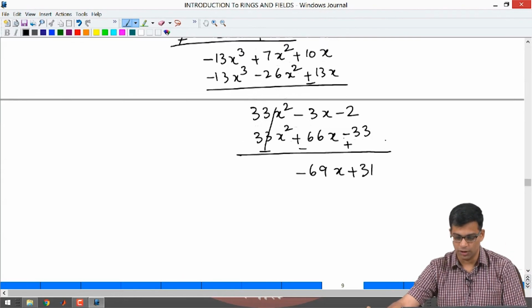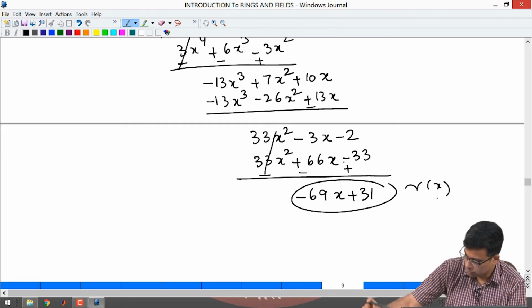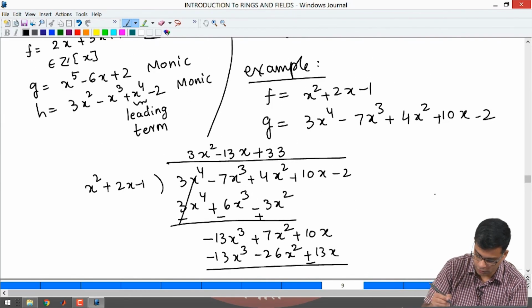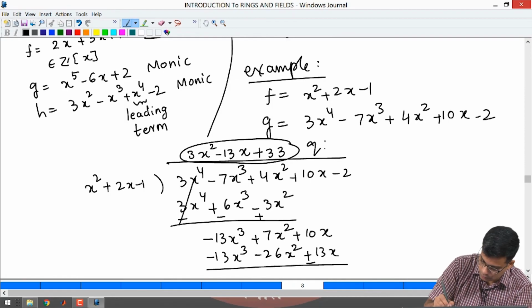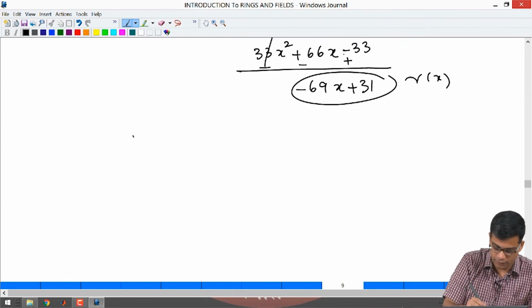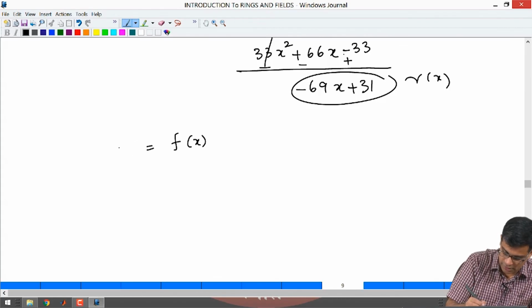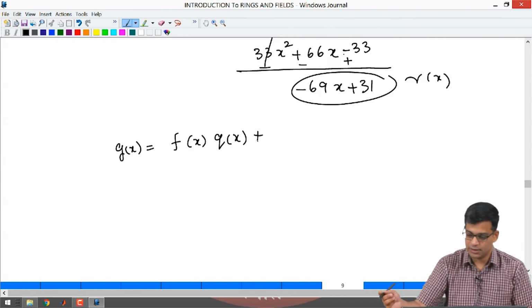So, that is all. This will be R and this will be q(x). So, we have written the polynomial g(x) as f(x) times q(x) plus the remainder. I am mainly interested in the remainder.